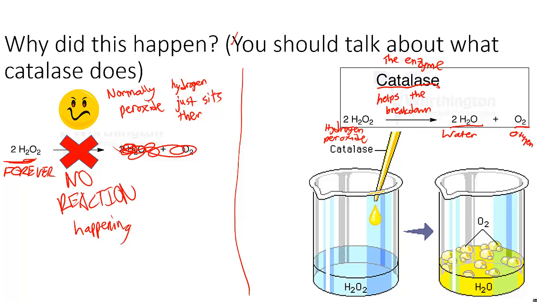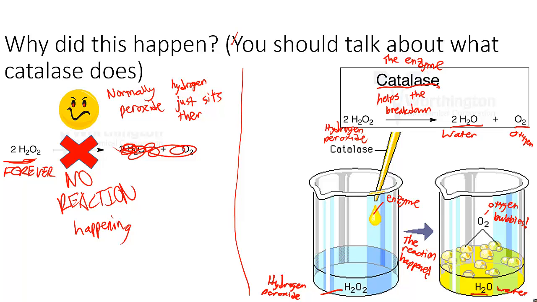So I took some enzyme and I added it to hydrogen peroxide, and then the reaction was catalyzed. The reaction happened. And I made water and oxygen. And the oxygen was the bubbles.